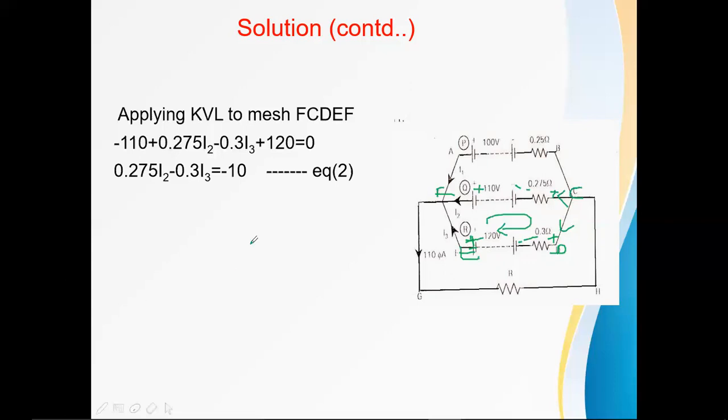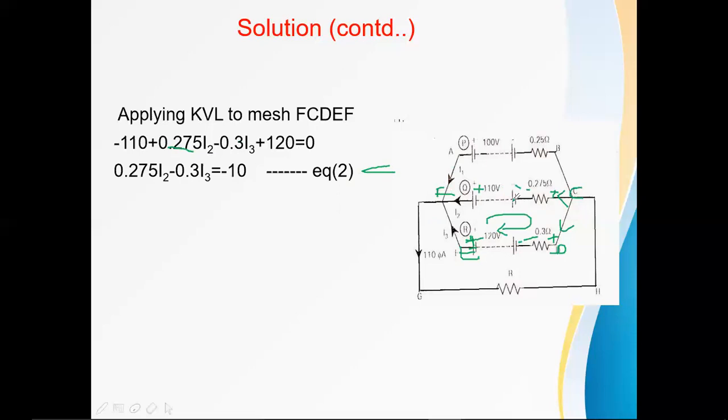Simply, he wrote the same as it is, and -110 + 120 is +10. If I send the +10 to the right side, it becomes -10. This is equation number 2. As of now, you got equation 1 and equation 2 based on these loops. One is the A, B, C, F, A loop. The second one is the F, C, D, E loop.